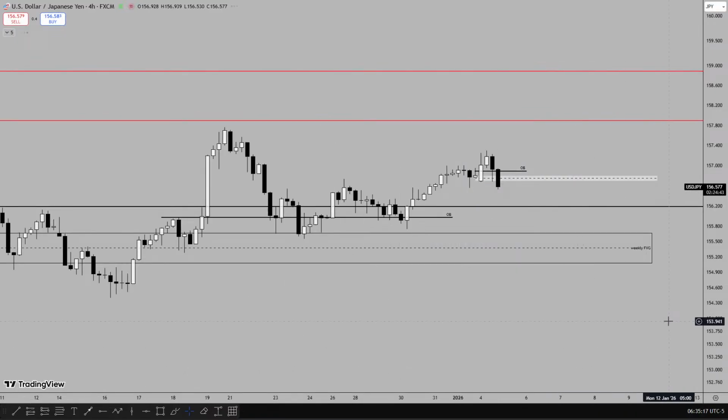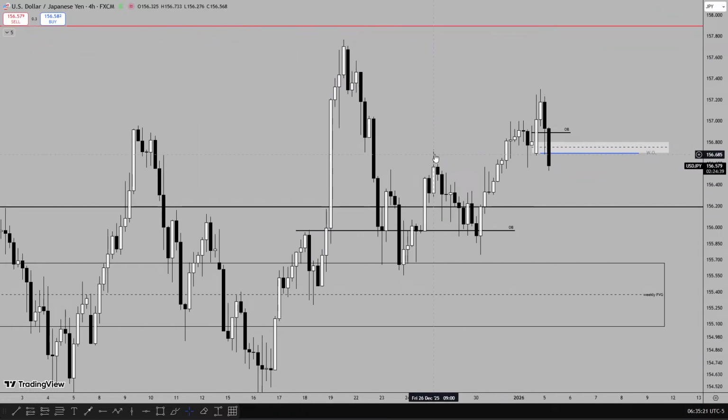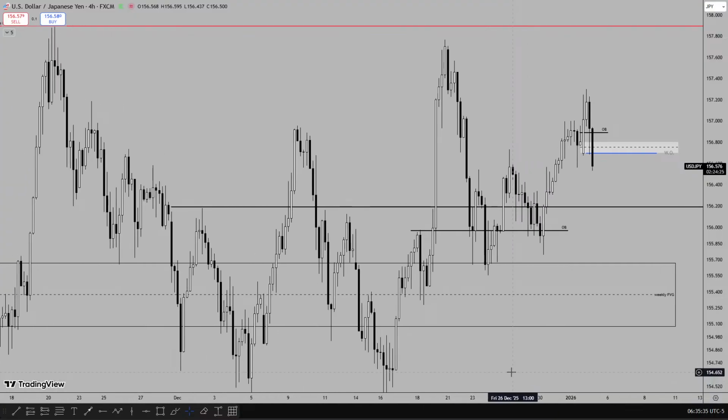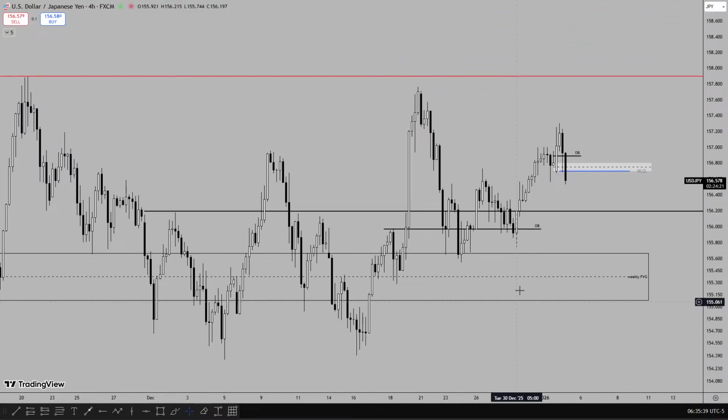At the same time, the 4-hour time frame is still aligned with the idea: swing low, swing high, retracements, and a 4-hour order block as a support area for price to trade higher to run the buy side liquidity. So I will be paying attention to how price trades on USD JPY to see the results of the forecast that I'm making on the dollar index.